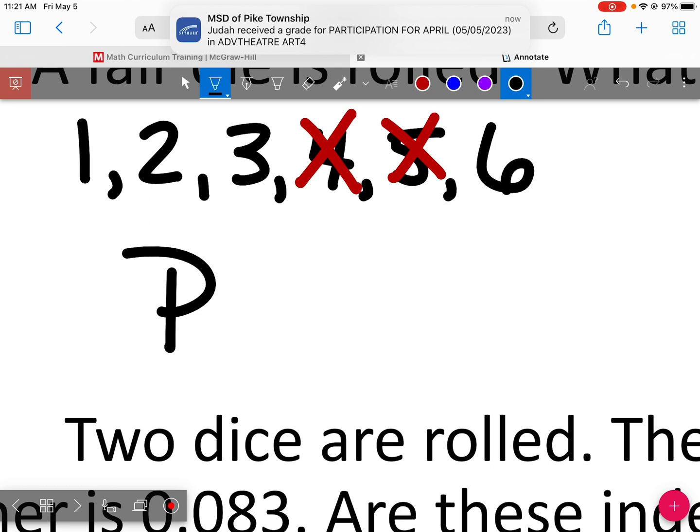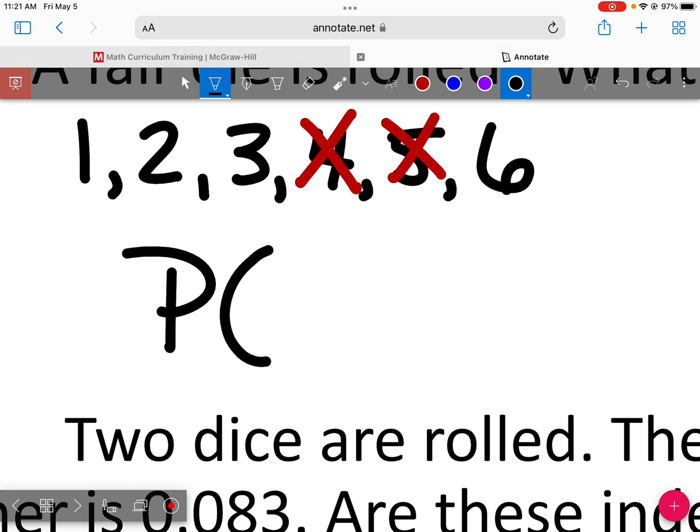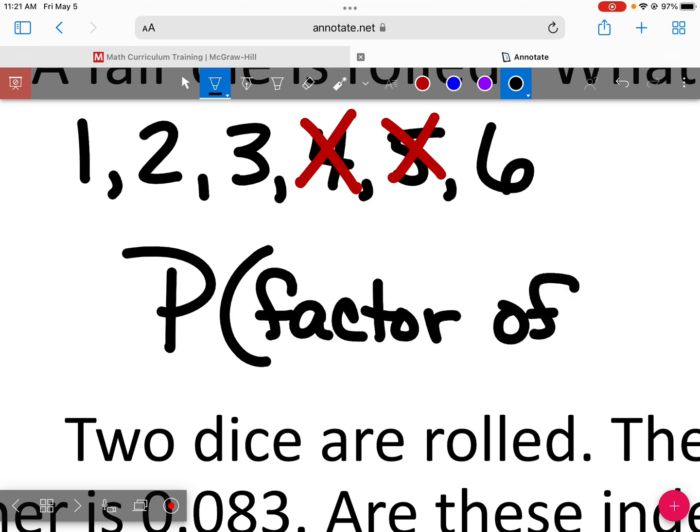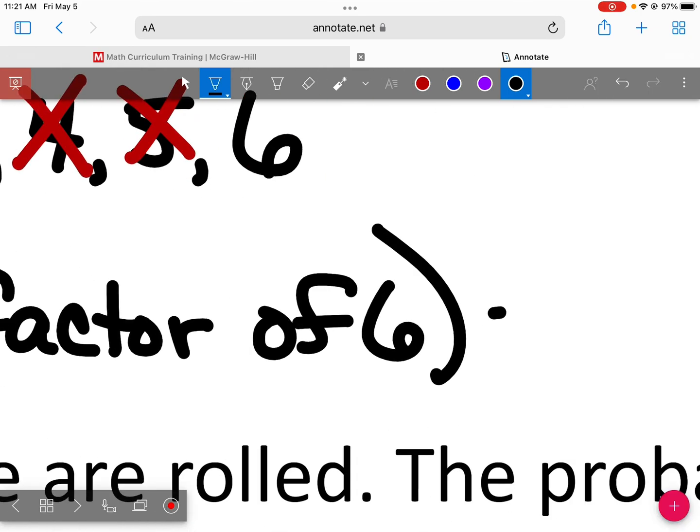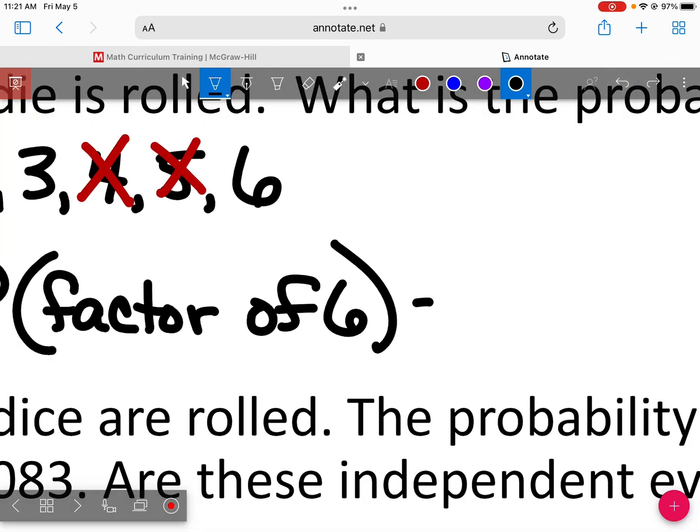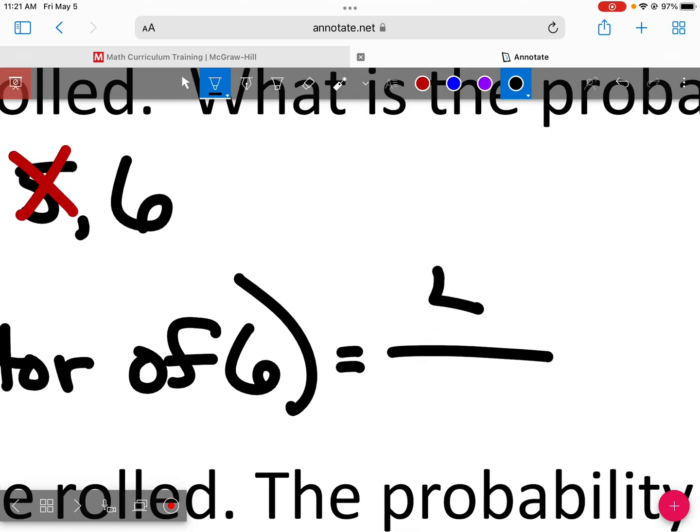So the probability that it is a factor of 6 would be what? Close. 4 over 6. We have 4 numbers. 1, 2, 3, 4 of the numbers on the die will evenly divide 6, and we have 6 total sides, so 4 over 6.